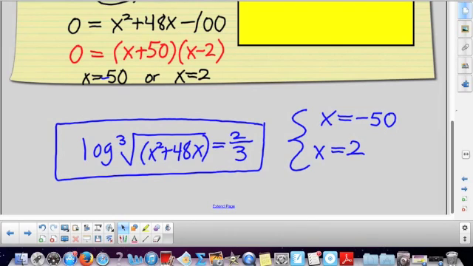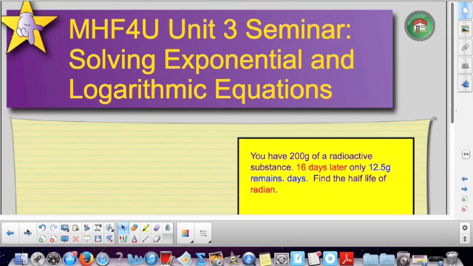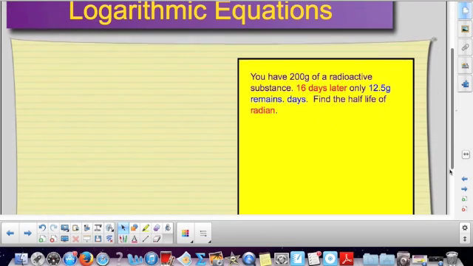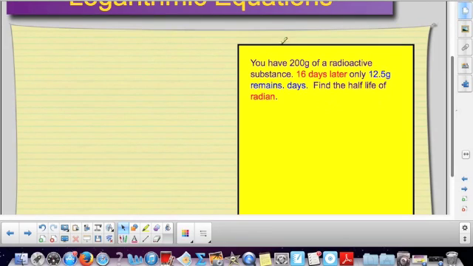Okay, word problems now. I'll give you a second to copy down the first one. Radioactive substances.